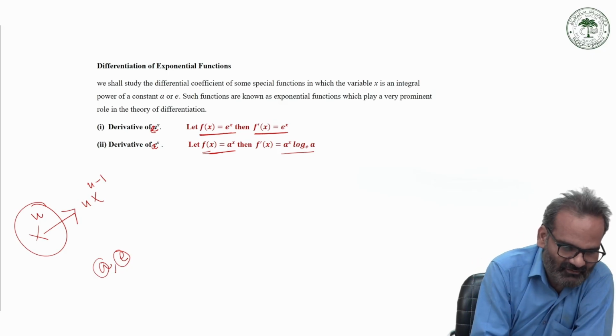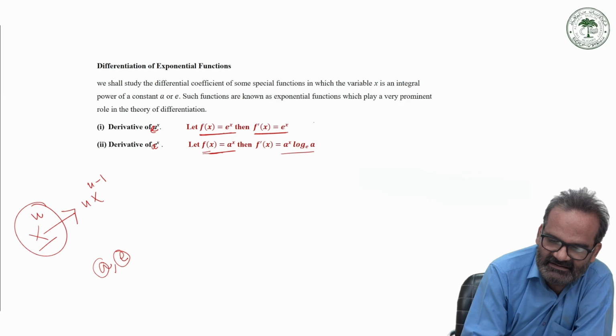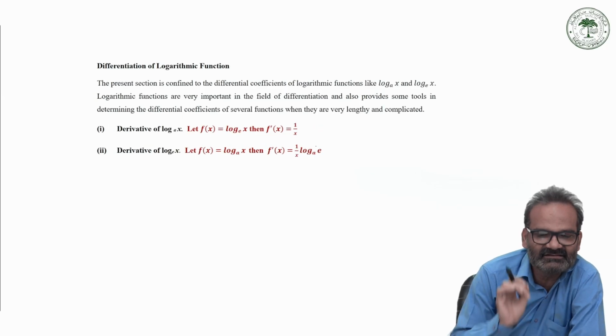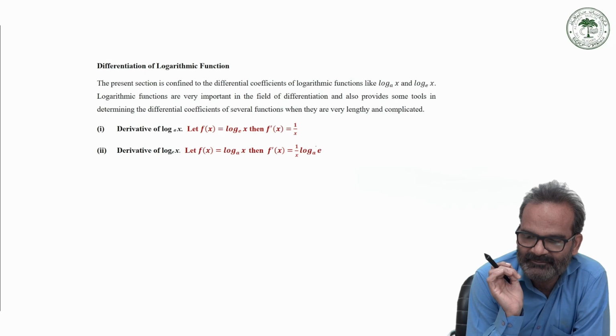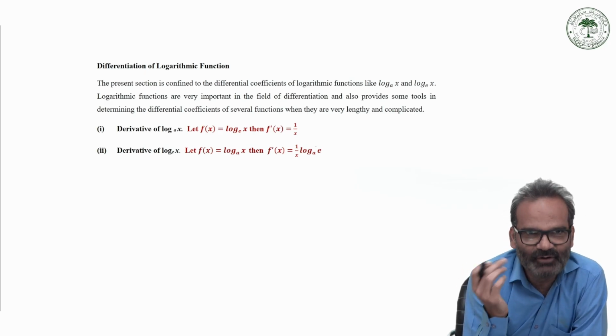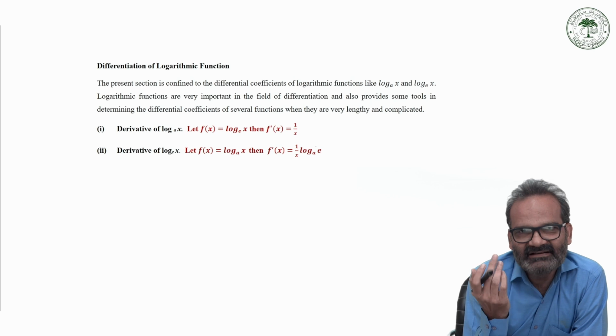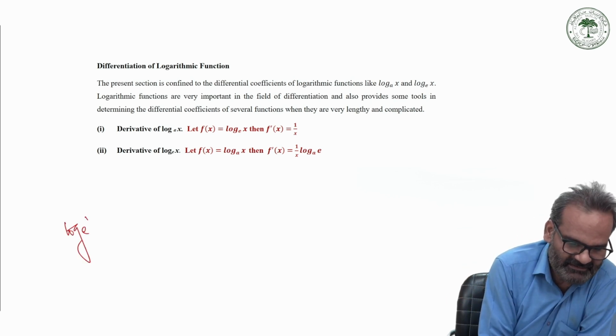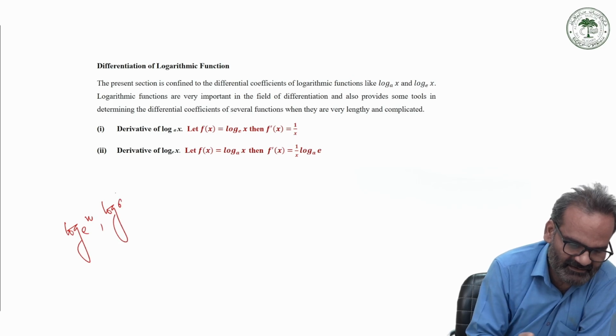So one formula for algebraic x^n and these two formulas for exponential, and the next is logarithmic differentiation. Logarithmic functions are those functions which come with log, right? The base may be e or a, that is, log x base e and log x base a. We can have two kinds of function.